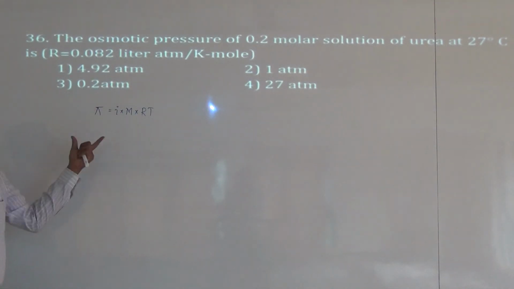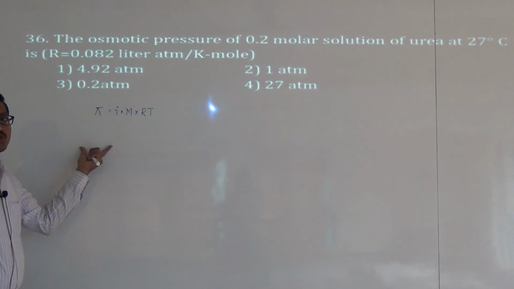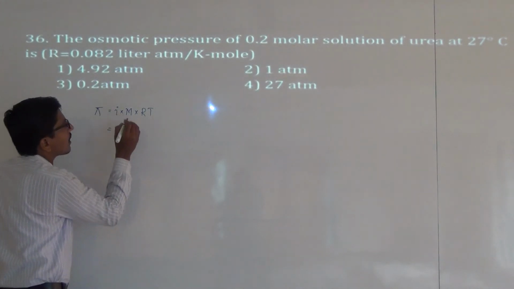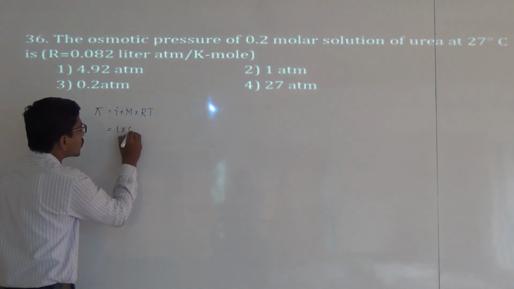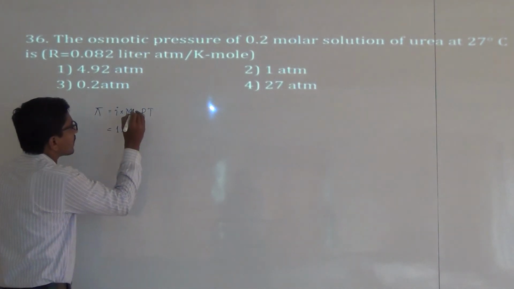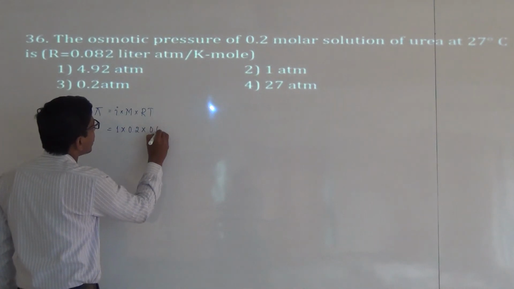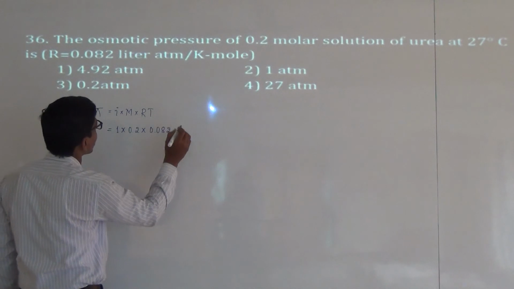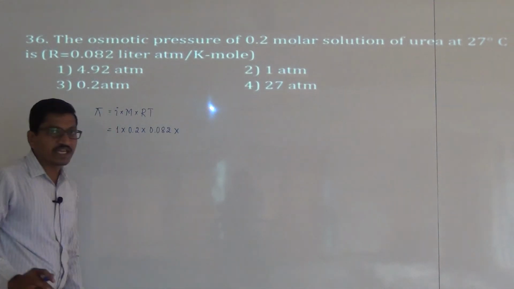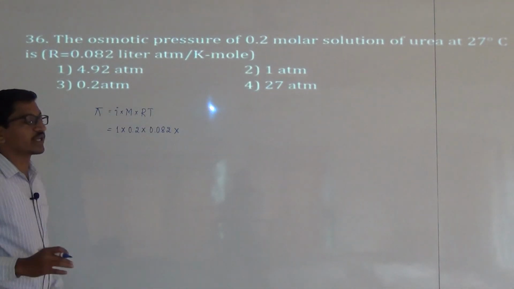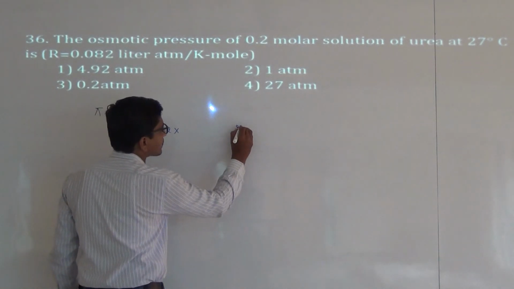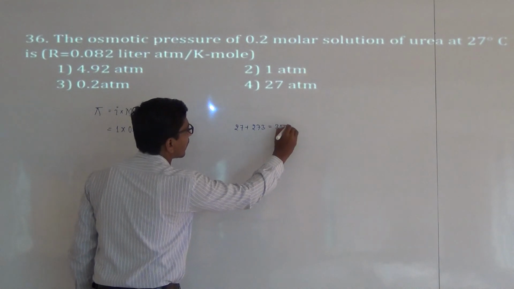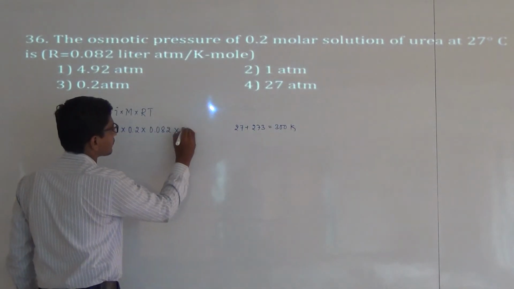Urea is a non-electrolyte, neither associates nor dissociates. i value is 1 for urea, and the molarity of the solution is 0.2, and R value is 0.082 into temperature, 27 degrees Celsius, which is converted into Kelvin. 27 plus 273, this is equal to 300 Kelvin.